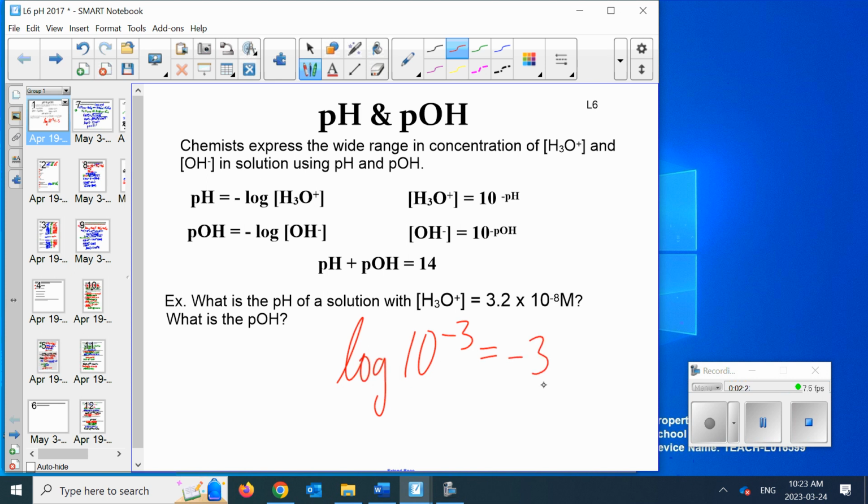Now, here is the formula that we're looking at. You notice that the pH formula has this negative sign in front of the log. Here's why. If I put this negative sign here, the negative log, all that does is gets rid of the sign.